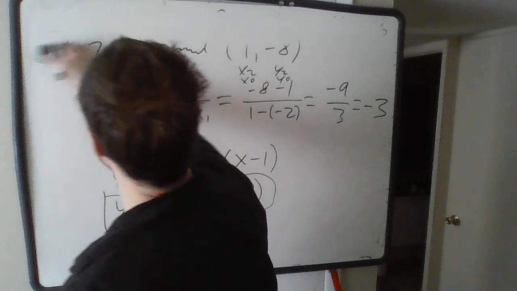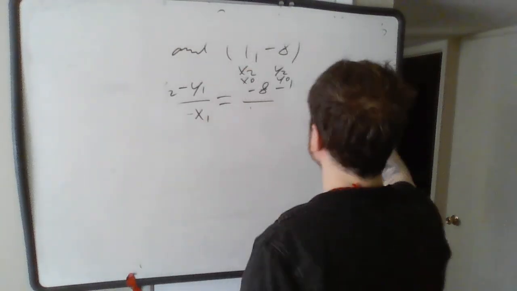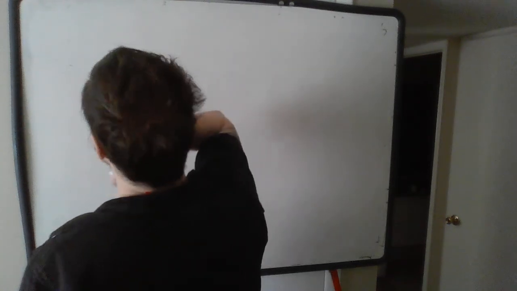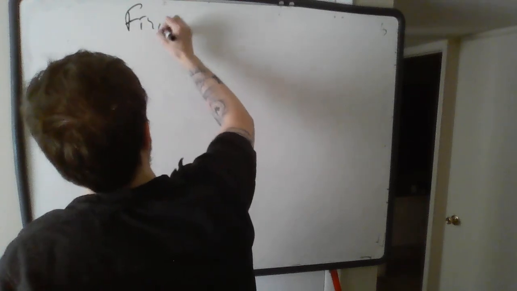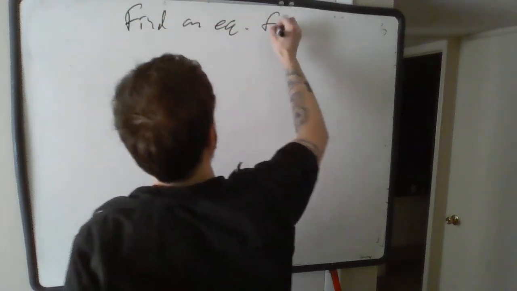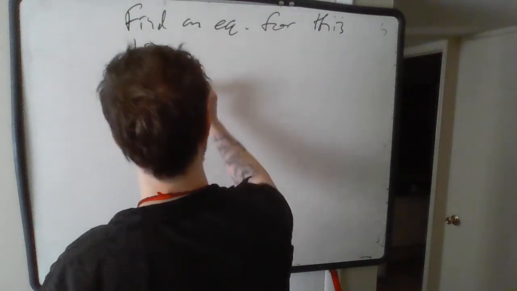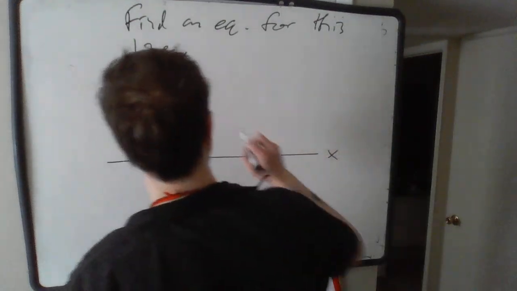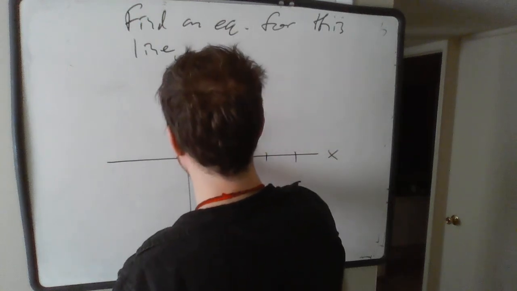All right, now going back to the situation with graphs and graphing equations or looking at graphs of equations. So what if I gave you this graph and asked you to find an equation for this line? And let's suppose that the graph that I gave you looks like this.